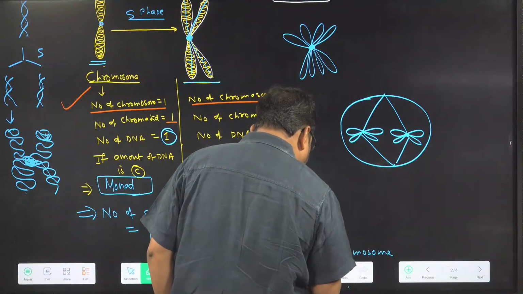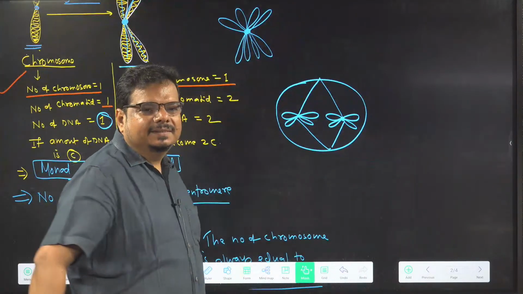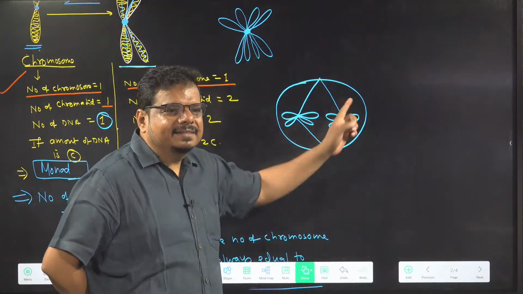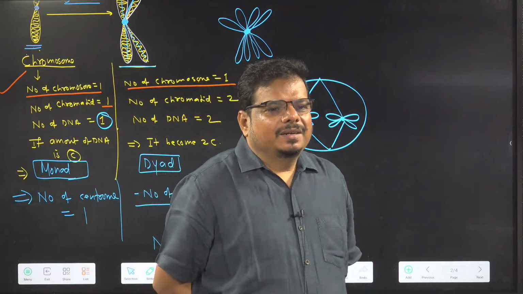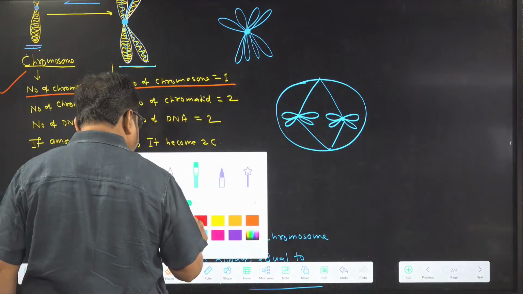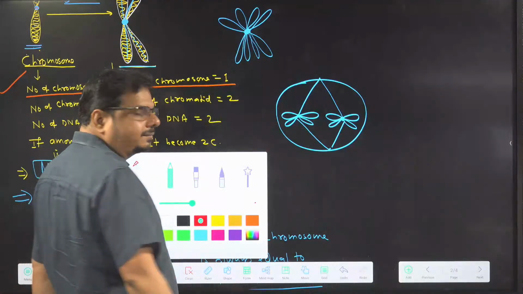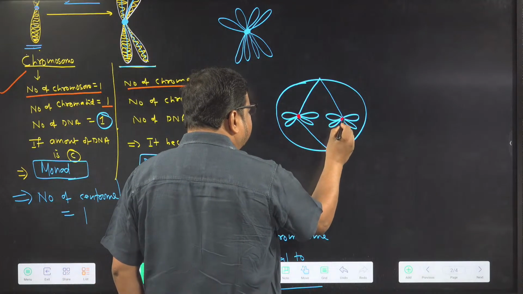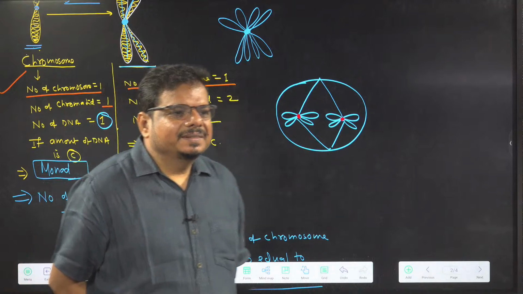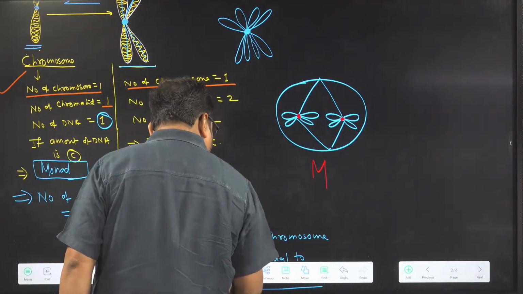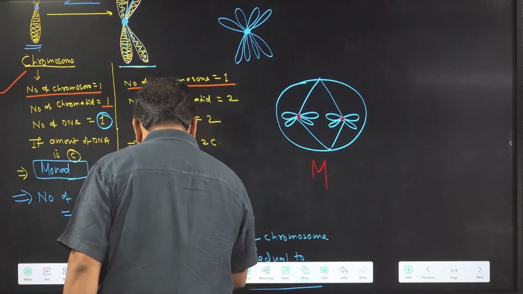How many chromosomes are there in this diagram? 2 chromosomes. How many centromeres in this diagram? 2 centromeres, 1 centromere this, 1 centromere this. You have studied about it in metaphase stage. Got the idea? Understanding came or not?